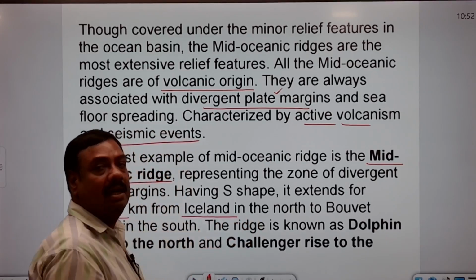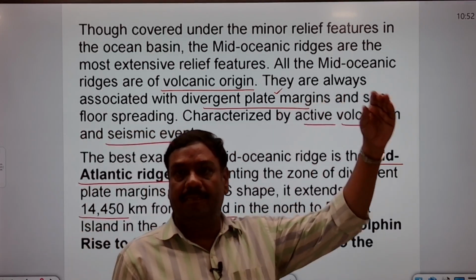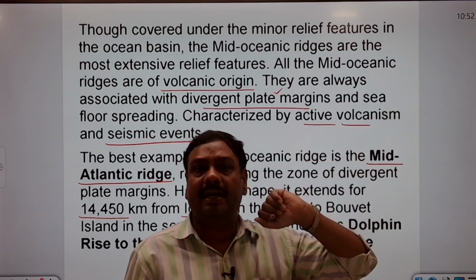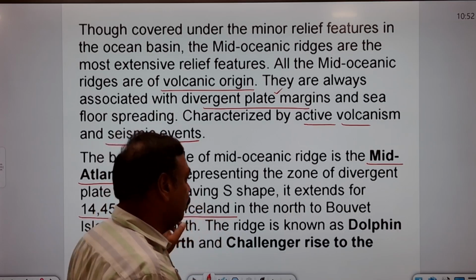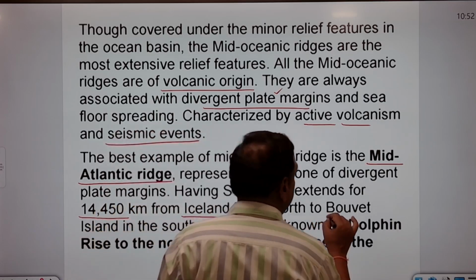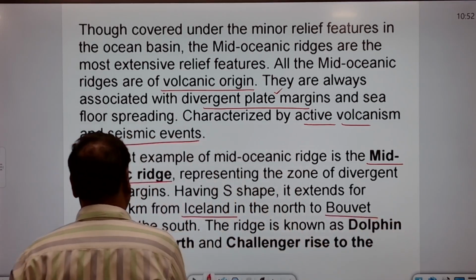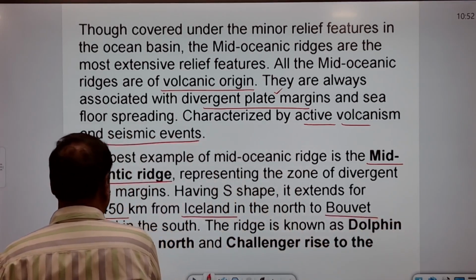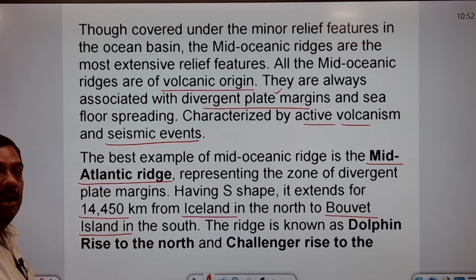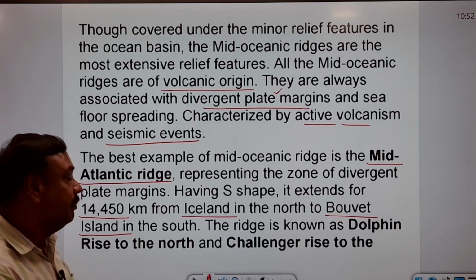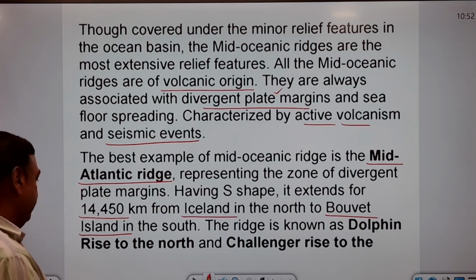You can see it nearby the region of Europe, right, in the Atlantic Ocean. So from Iceland it starts and it goes up to Bouvet Island. Bouvet Island is found in the South Atlantic Ocean, right? So Bouvet Island is part of the South Atlantic Ocean. Got it? Okay.